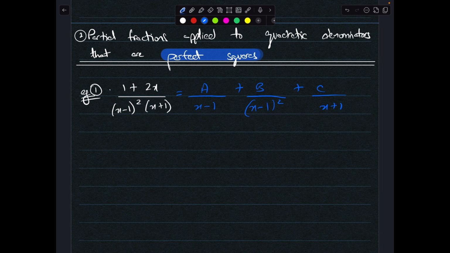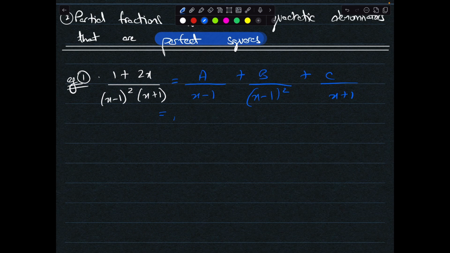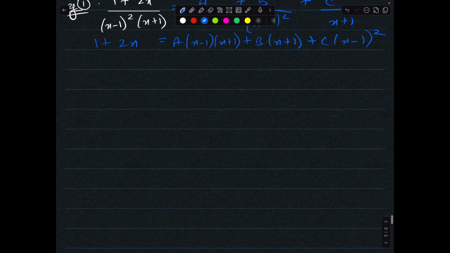And then after cross multiplying, we will be left with something like a into x minus 1 x plus 1 plus b into x plus 1 plus c into x minus 1 whole square, and the denominators cancel off simultaneously.